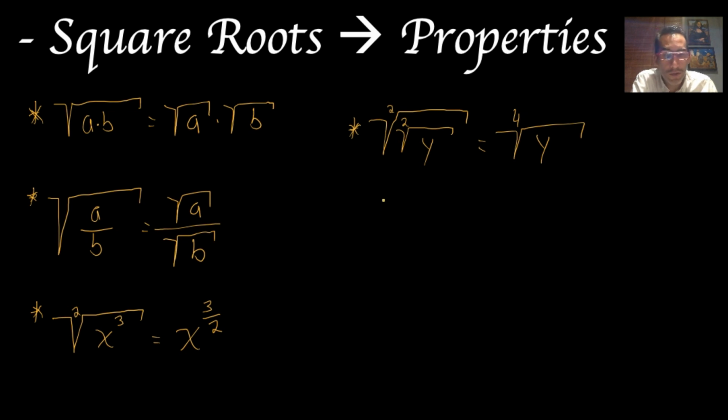And it's not only with the square roots. I can have the square root of the third root of c. This will be equal to the sixth root of c. Right? You're multiplying the values of the radicals, okay?